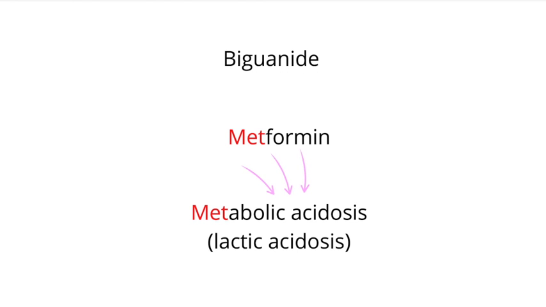So the MET in metformin and the MET in metabolic acidosis. Because of this feared complication of lactic acidosis is another reason why metformin is also discontinued prior to doing a CT with contrast. If a patient develops lactic acidosis, this can be life-threatening. So it's very important that we discontinue metformin prior to surgery and prior to a CT with contrast.